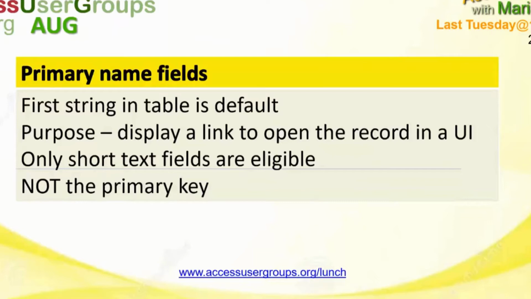So if you think about it, and when we talk here on the next slide about what the actual primary keys are in Dataverse, you will realize even more why they don't use the IDs as a link. IDs can be something that we don't memorize.